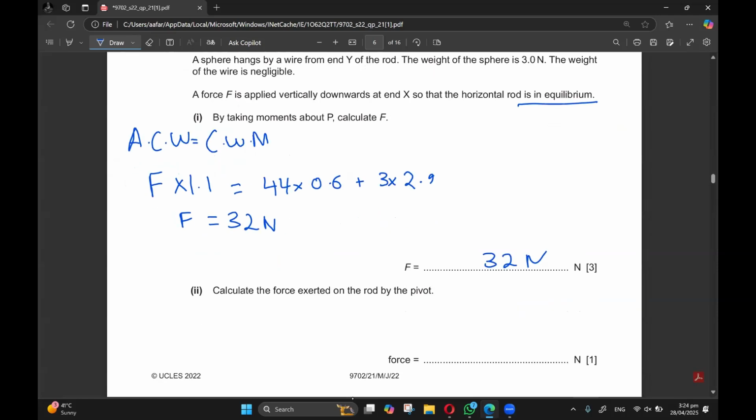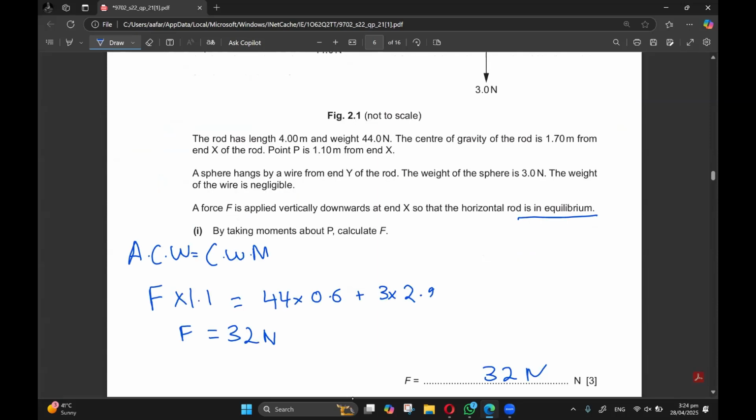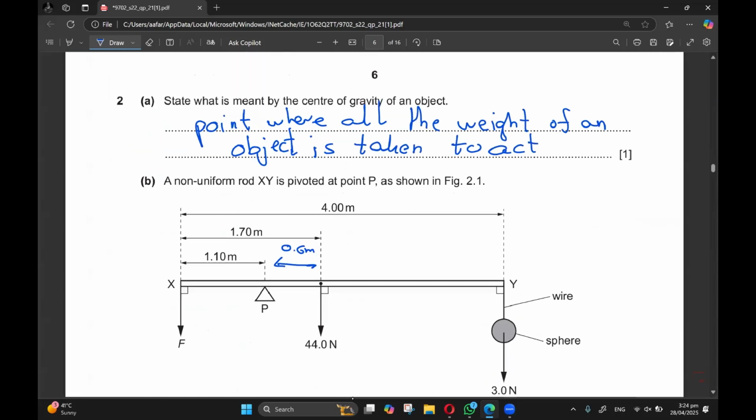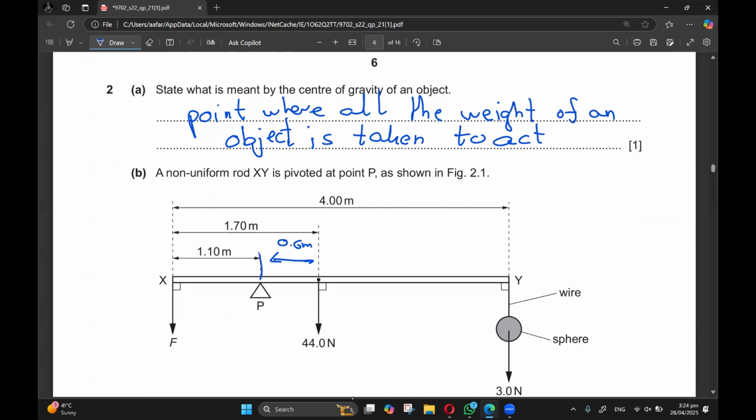Calculate the force exerted on the rod by the pivot. This force right here.